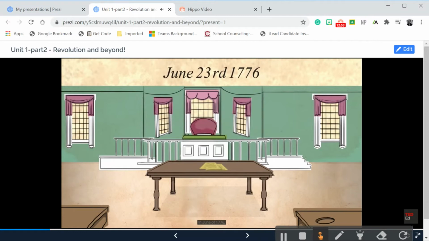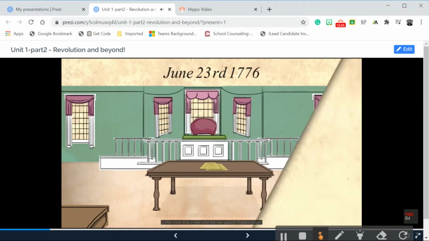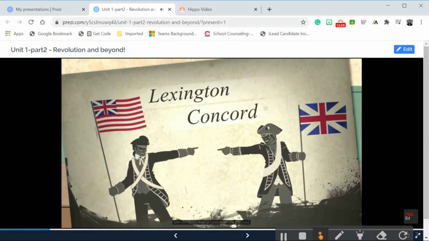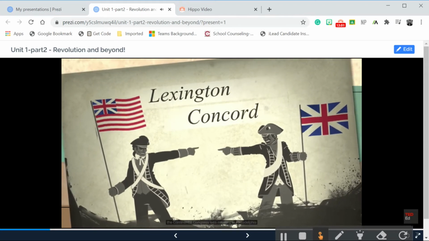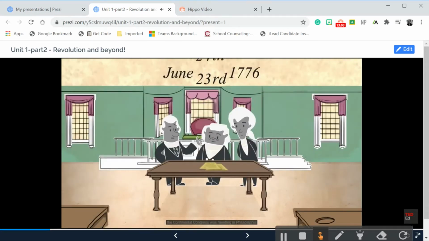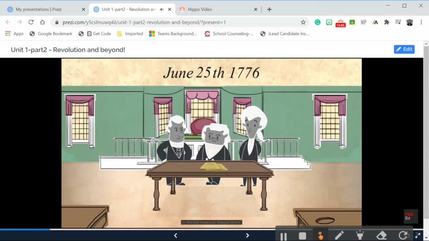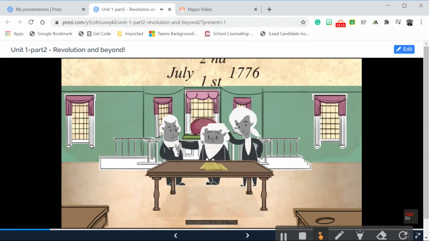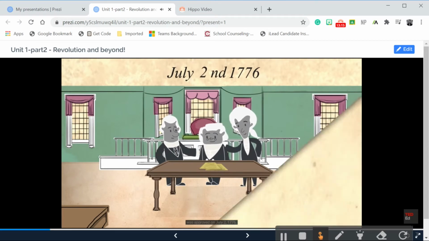In June 1776, a little more than a year after the war against England began with the shots at Lexington and Concord, the Continental Congress was meeting in Philadelphia to discuss American independence. After long debates, a resolution of independence was approved on July 2nd, 1776.